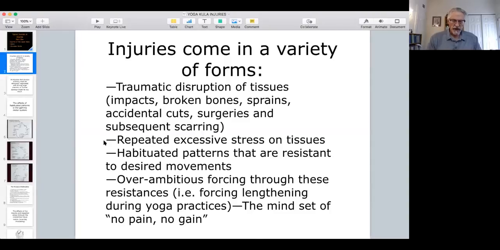Injuries can also be produced by repeated excessive stress on tissues.